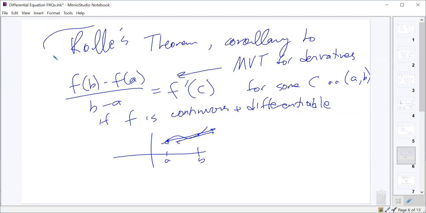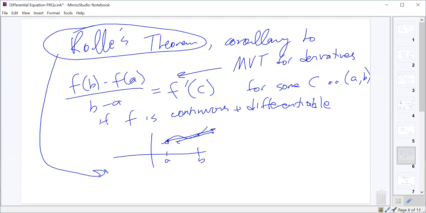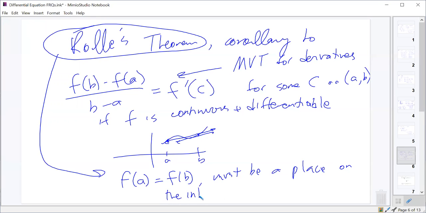Yeah. Okay, so Rolle's theorem then adds f(a) equals f(b), which tells us that there must be a place on the interval where f prime of c equals 0.